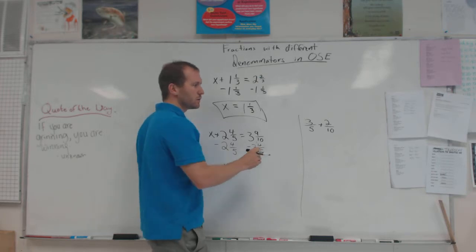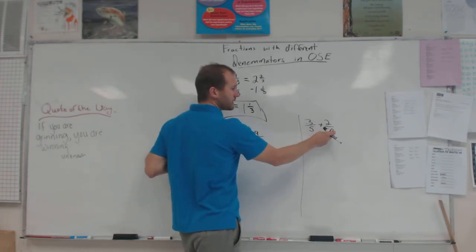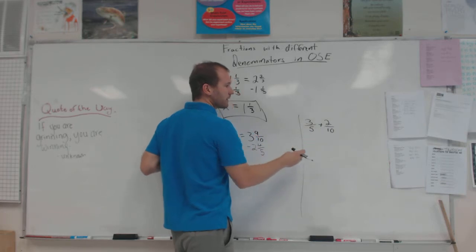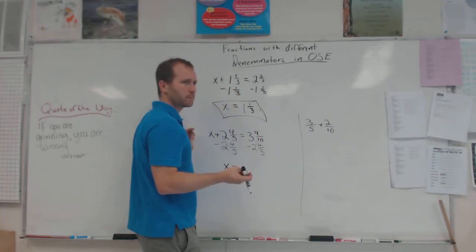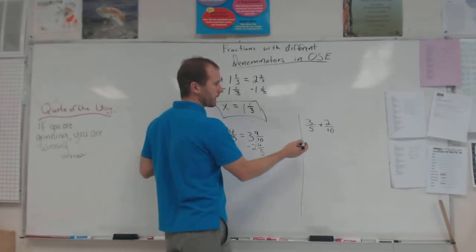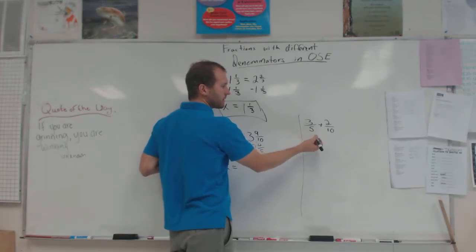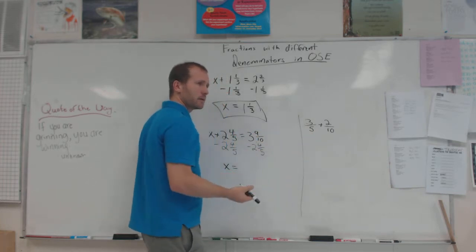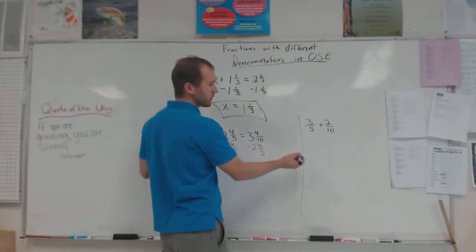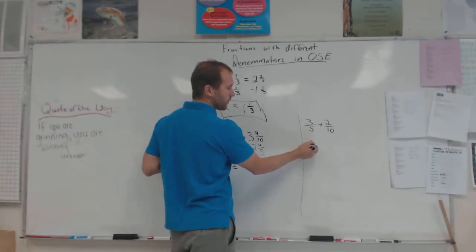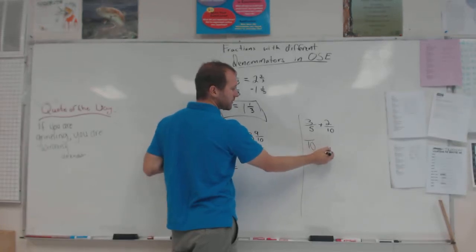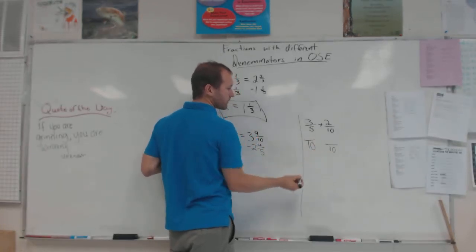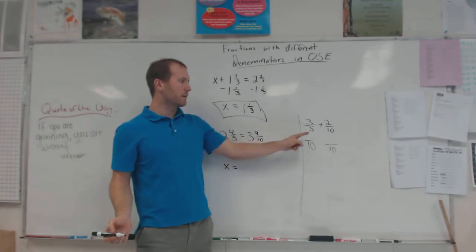Not 2. I'm looking for a number that 5 and 10 can both go into. So let me show you how I would do this. 5 goes into 10, which means my least common multiple is 10. So I want to have both of my denominators be 10. Both of my denominators need to be 10.